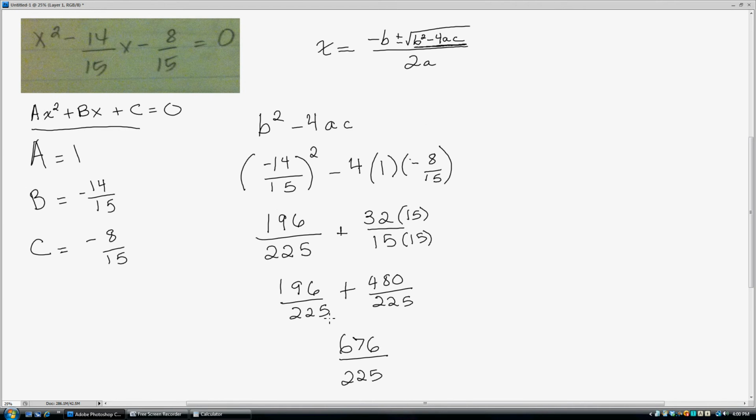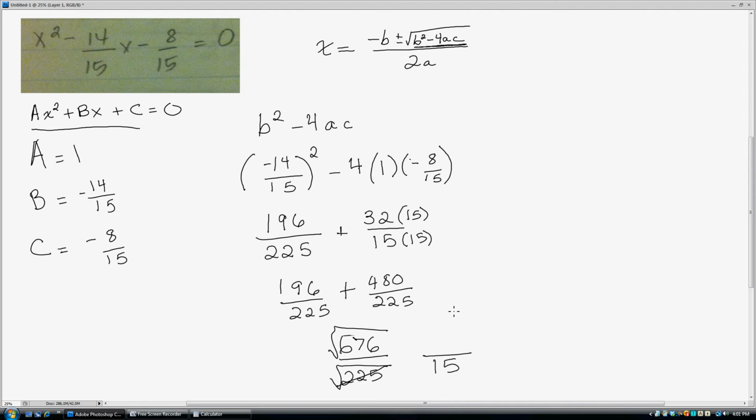What that means is this entire fraction is under a square root. Now, the fun thing about fractions under square roots is if your fraction's under a square root, you can actually write this instead as a square root over a square root. This, we know, is 15, so now our bottom fraction's a 15.